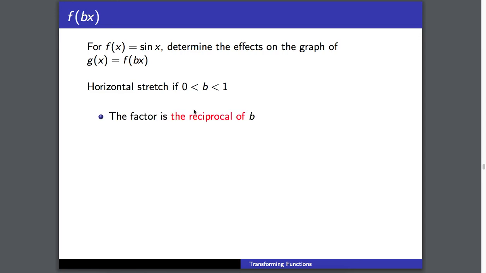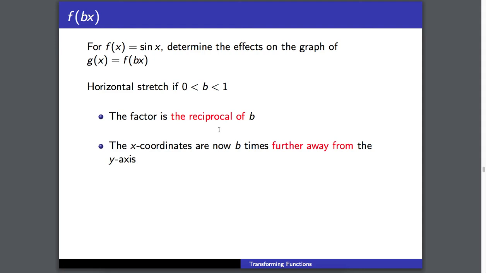And once again, if your value is between 0 and 1, we take the reciprocal of that value for the factor. So for vertical compressions and horizontal stretches, we take the reciprocal of that value to get the factor. Now it's that many times further away. Actually, this should be the reciprocal, 1 over b, that many times. So they're further away now from the y-axis than they used to be.